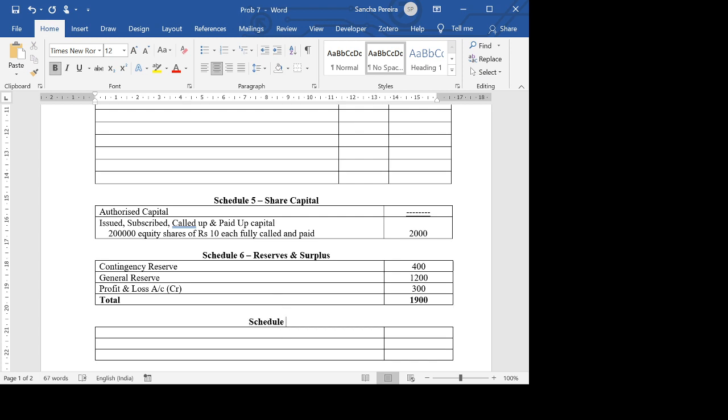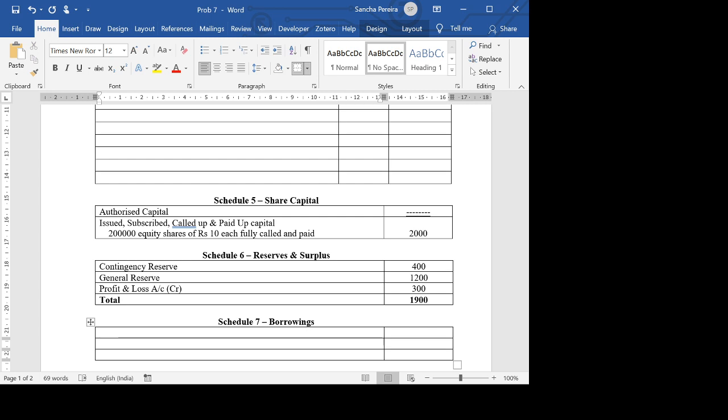Do we have anything under schedule 7? Yes, we have some borrowings. Now what are the borrowings? What we have identified as borrowings: one is the public deposits, which is 1,000.